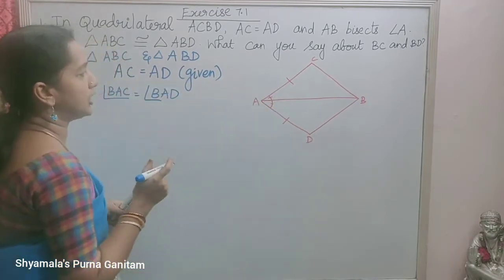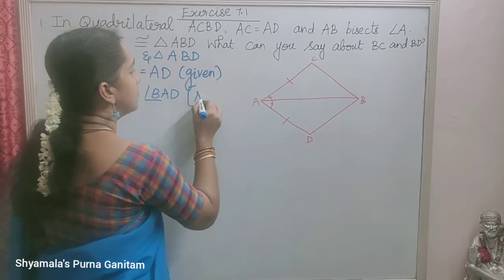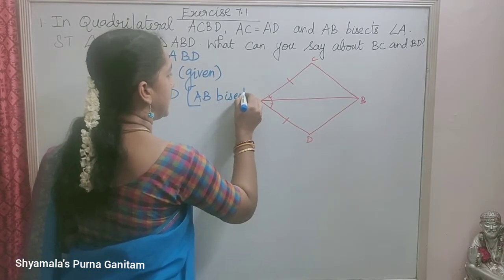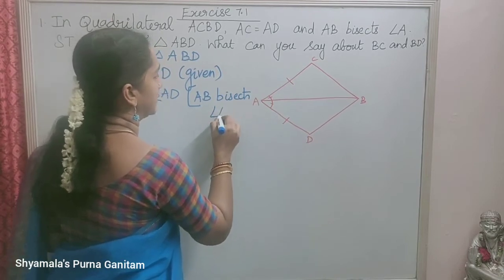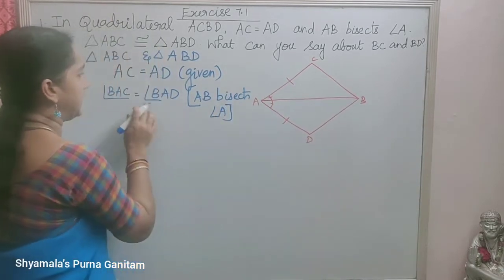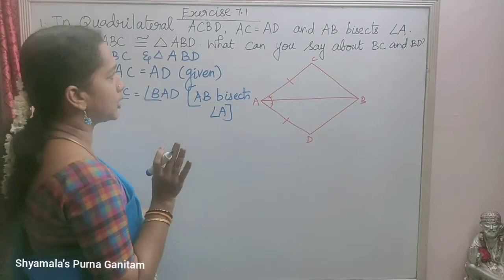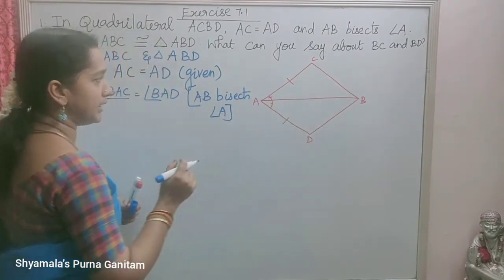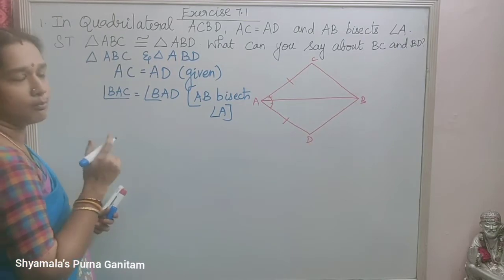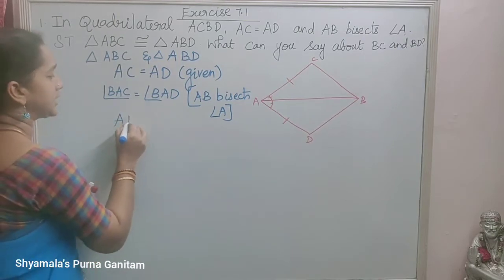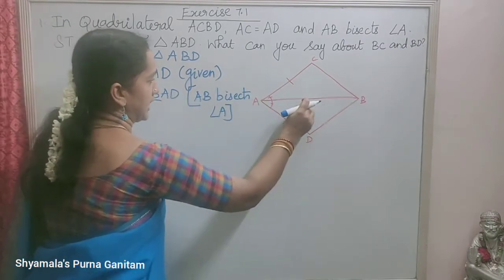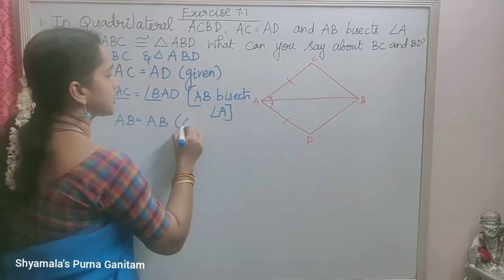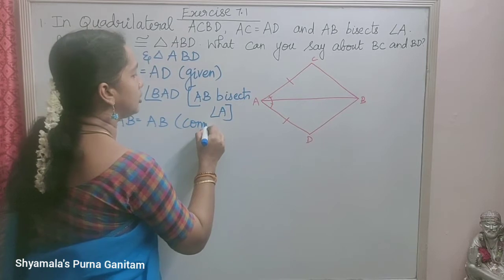So this is also given that AB bisects angle A. So you have to write the reason: AB bisects angle A. Since it is bisecting, these two angles are equal in measure. Then one more thing is, this AB is common to both the triangles. That is AB is equal to AB.